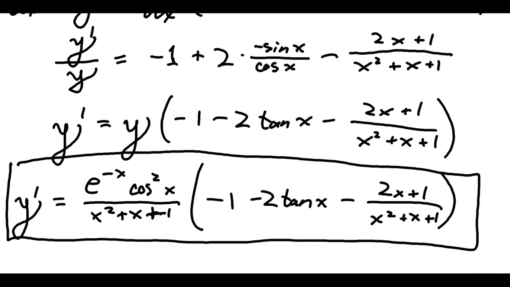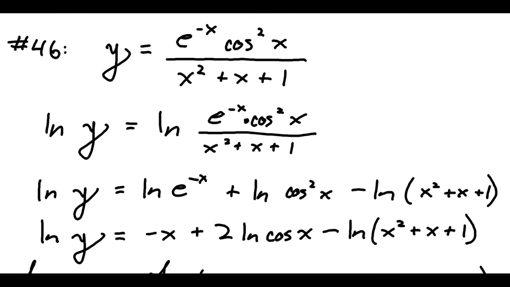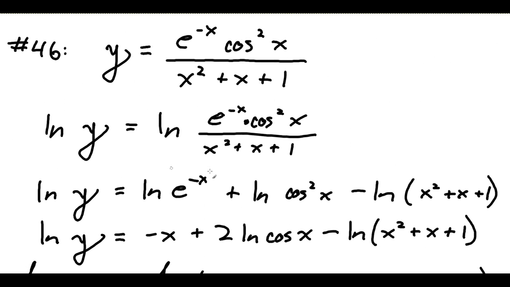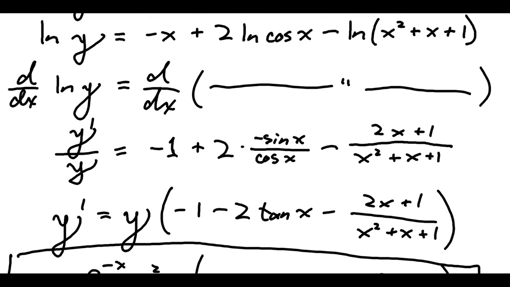There was a fair bit of writing because I wrote out every single step of the logarithmic expansion. With some practice, you can get to this line in just a step or two. And then once you have that, with enough practice evaluating derivatives of logarithms and also implicit differentiation, it shouldn't be too hard to get down to this step here where we have y prime over y equals all of this stuff.